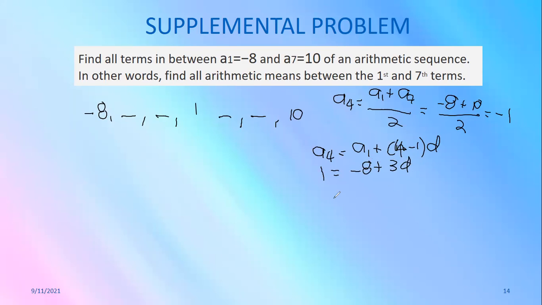So add 8 to both sides of the equation. The 8 here will be canceled out. 9 is equal to 3d. So to determine the common difference, we need to divide both sides of the equation by 3. And the common difference is equal to 3.